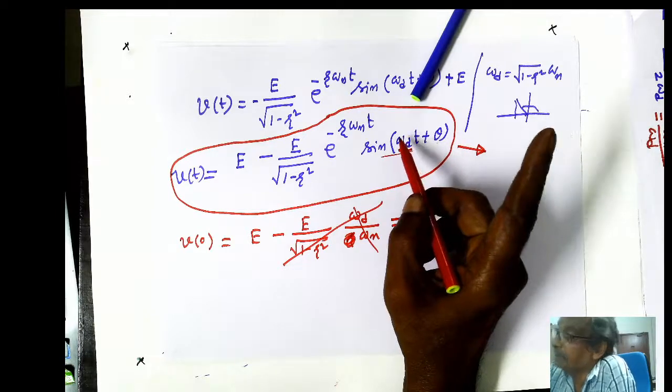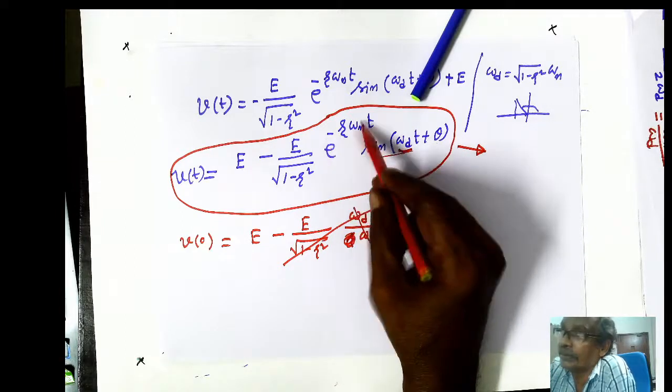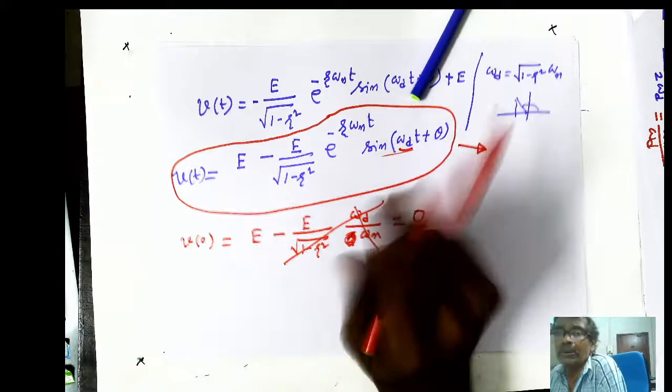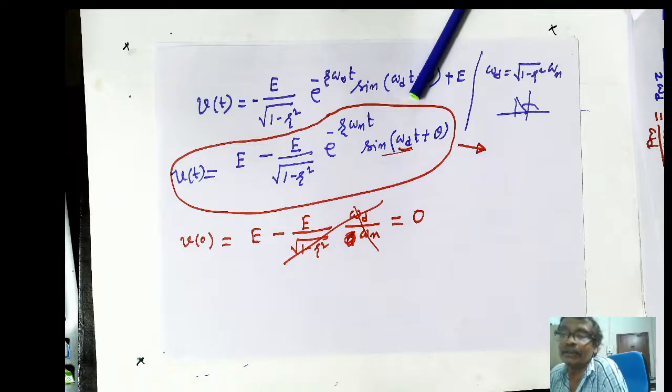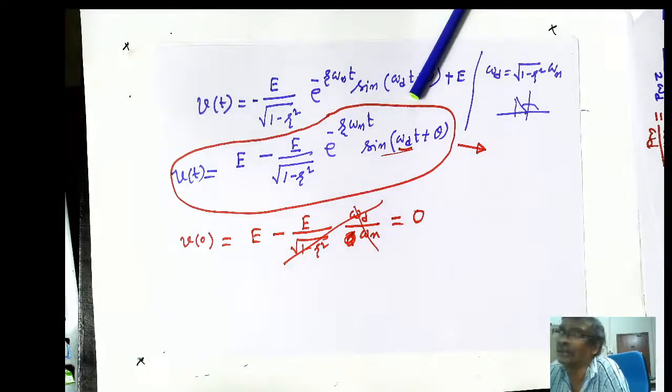Similarly, zeta we defined and minus zeta omega n t comes. So it becomes handy. Otherwise, you could leave R by L as it is, without writing it as 2 zeta omega n, or leave 1 by LC without calling it omega n squared. You will get the same results. But it becomes handy, otherwise you have to carry those R, L, C every time you go on writing.